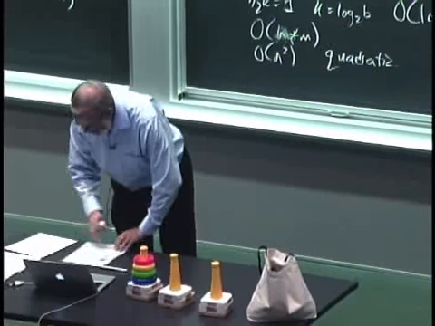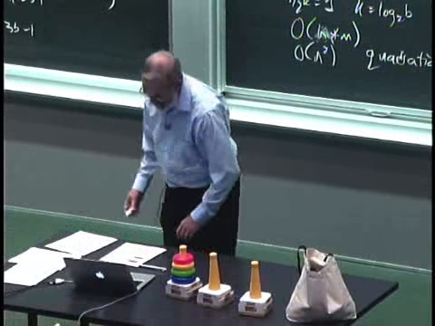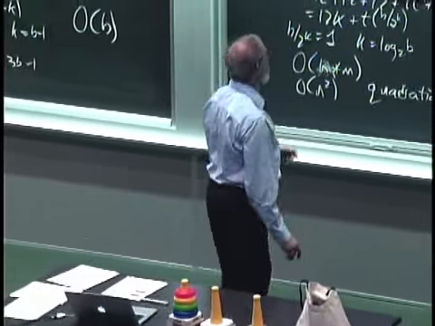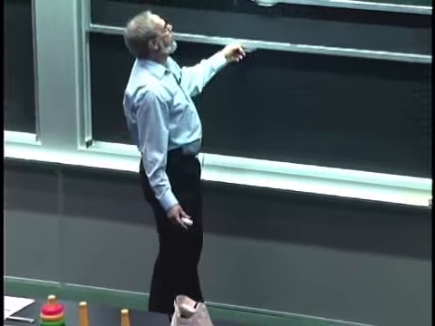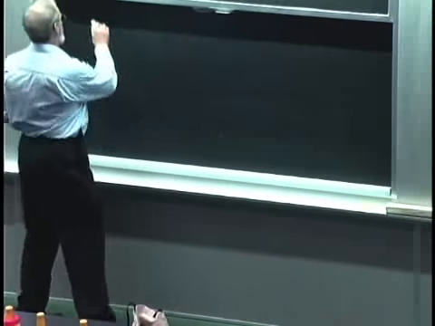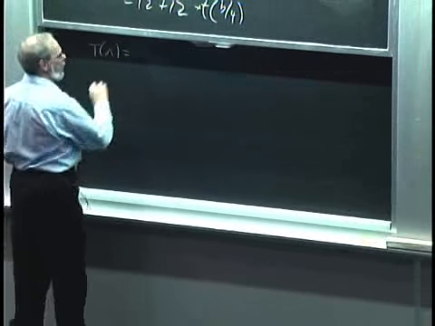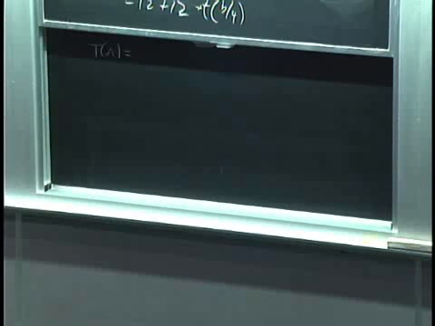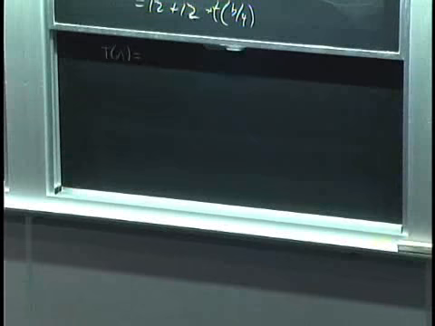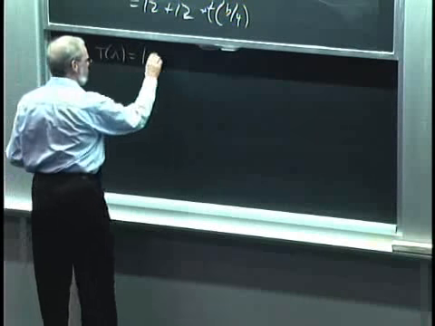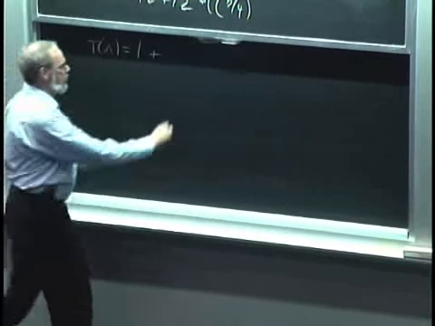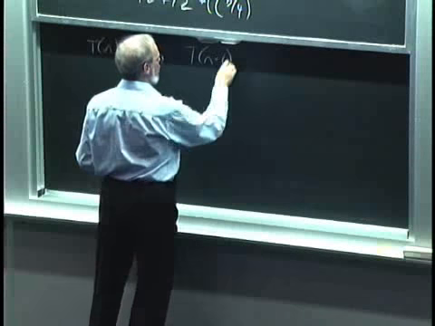And again, I'm going to do it with a little bit of abusive notation, and it's a little more complicated, but we can kind of look at it. Given the code up there, if I want to move a tower of size n, what do I have to do? I got to test to see if I'm in the base case. And if I'm not, then I need to move a tower of size n minus 1.